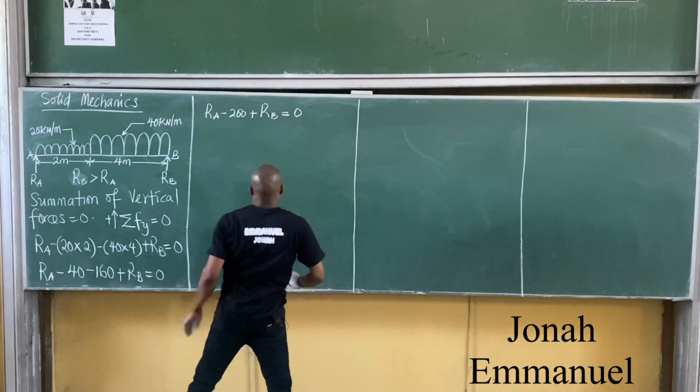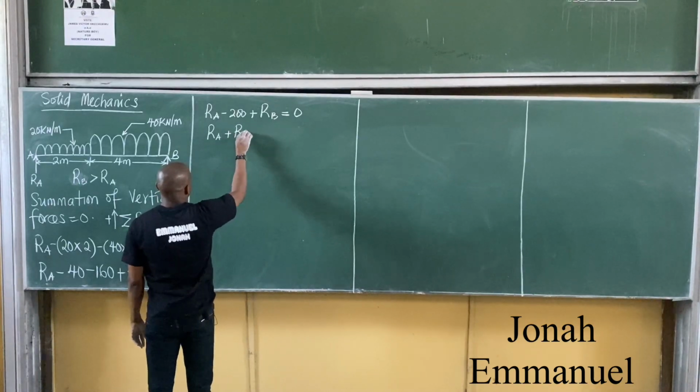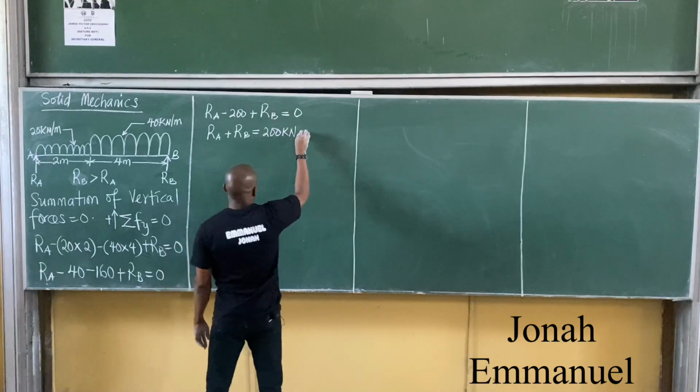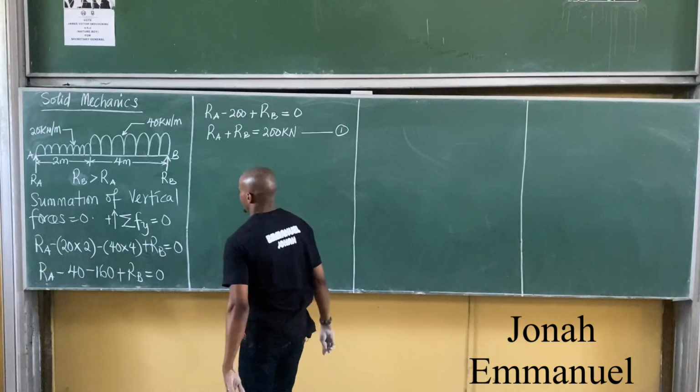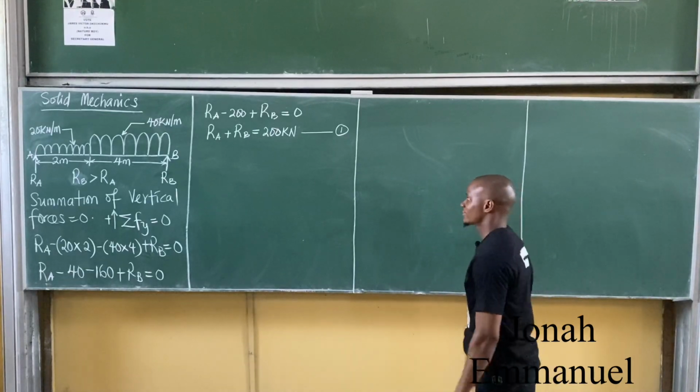Move this over here, and I have that RA plus RB equals 200 kilonewtons. That's my first equation.